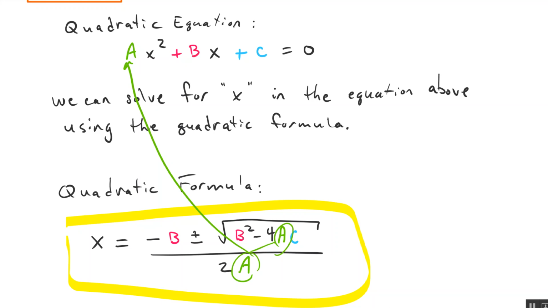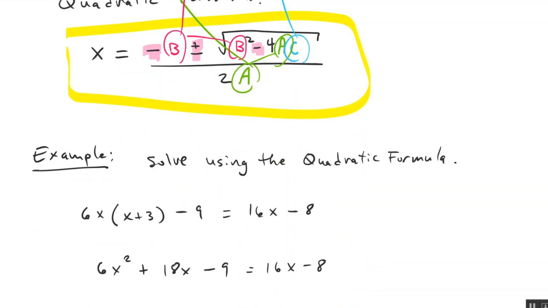The b, right here and right here, come from the linear term, and the c, which is right here in the end, comes from the constant term. It's important to notice also that the negative out front is part of the formula, not part of b, and the plus or minus here is also part of the formula, and the negative inside the radical is part of the formula.